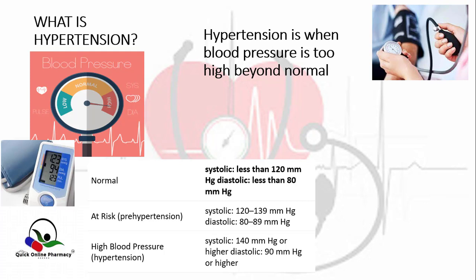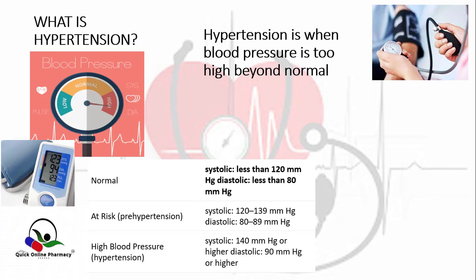For adolescents, it may range from 112 to 128 for systolic, and for diastolic between 66 and 80. For elderly people, you may find that they have high blood pressure. Even among the causes of hypertension, aging is also a factor.